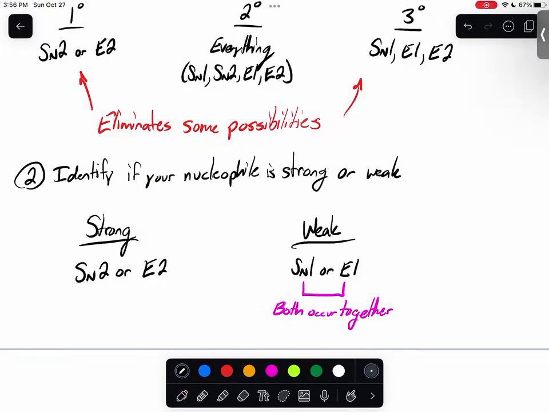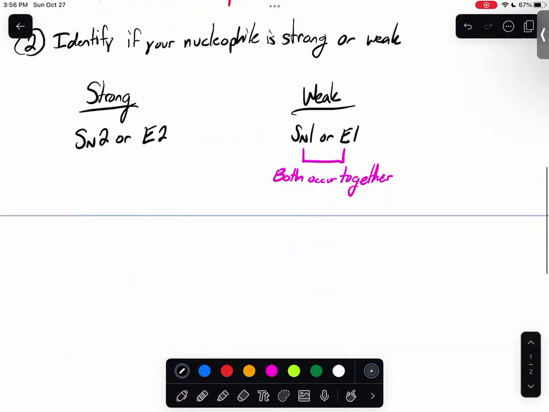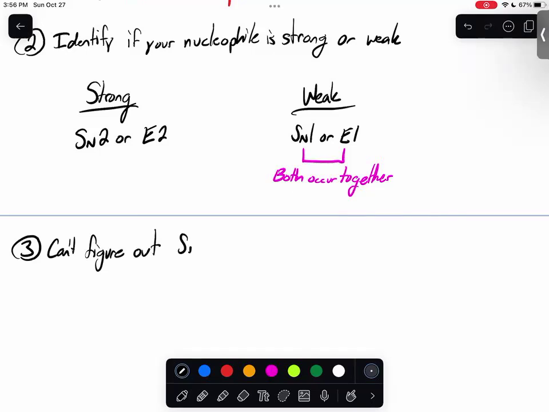So the third thing that we want to do is, if it is a strong nucleophile and you can't figure out SN2 or E2, you're going to do two different things. The first, which we'll call A, is you're going to check other sterics.